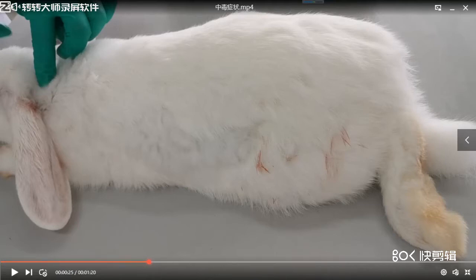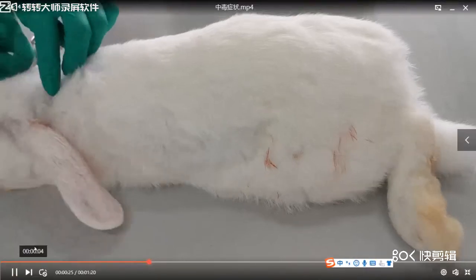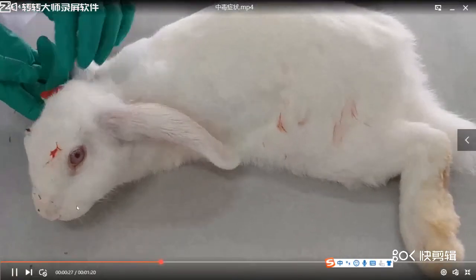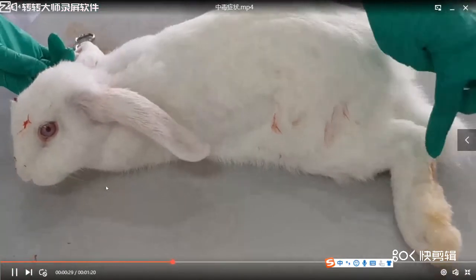So in clinic, when patients go to hospital, you should observe their pupil size, and pinpoint pupil often occurs in these two kinds of patients: one is organophosphate overdose, the other is drug addicts. Okay, and the second symptom we should observe.